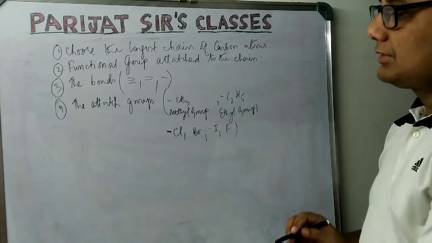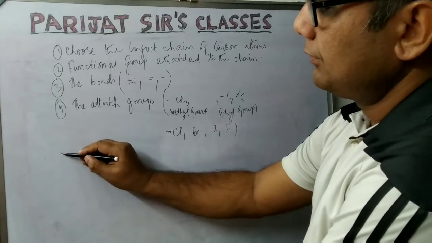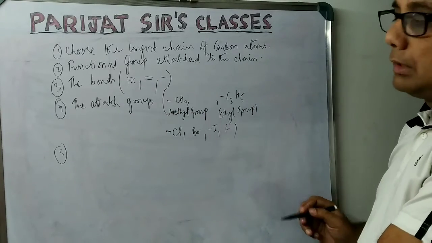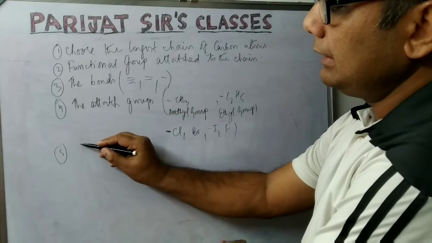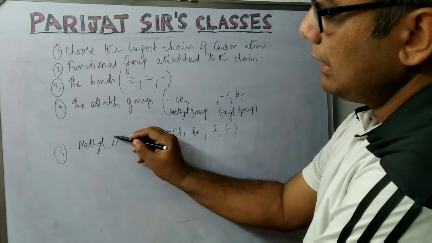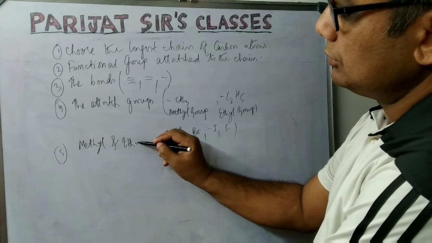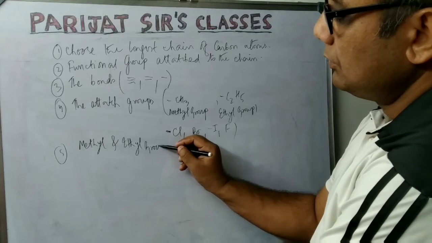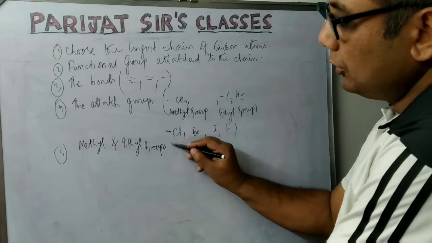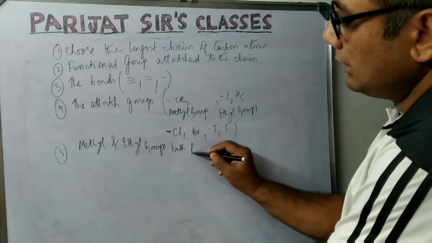Now, try to understand that in the attached groups, suppose you have the methyl and the ethyl groups both hanging.